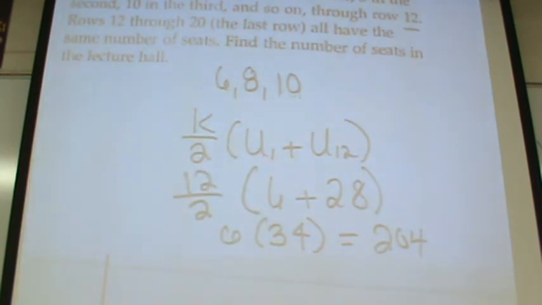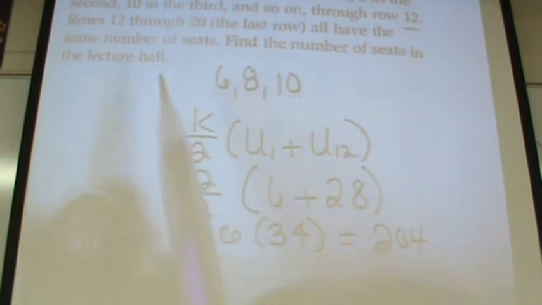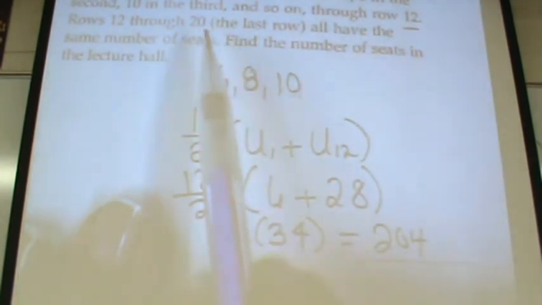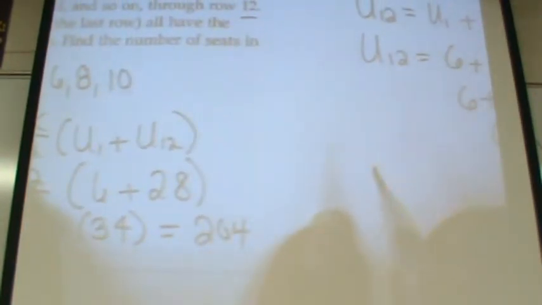Then it says rows 12 through 20, the last row, all have the same number of seats. So that would mean if row 12 has 28 seats, then so do all the rows to 20. So what you're going to do is take 8.